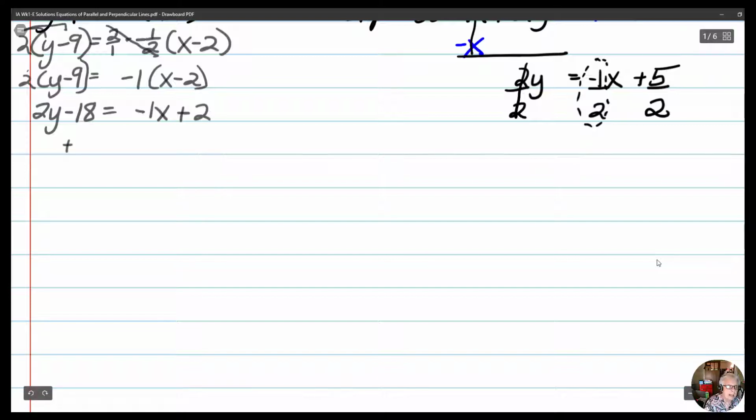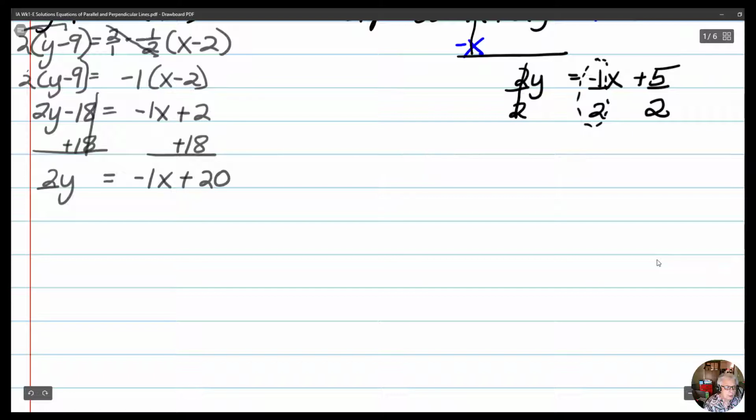Now I'll add 18 to both sides. Negative 18 plus 18 is 0, leaving me with 2y. Bring down the negative 1x, plus 20.